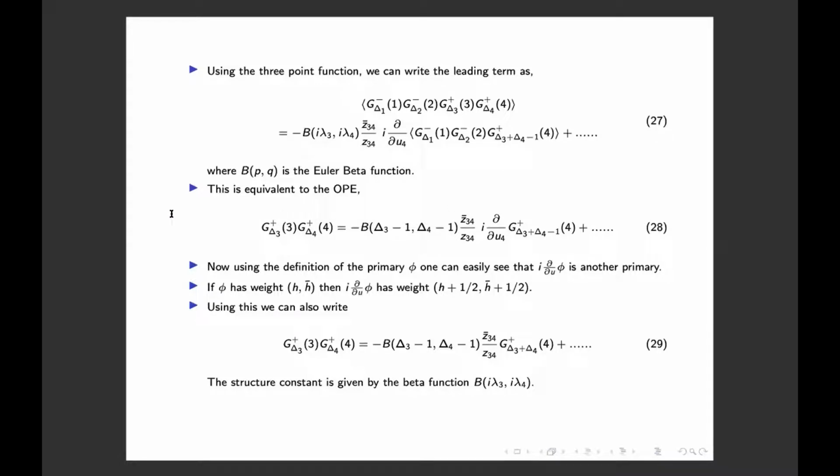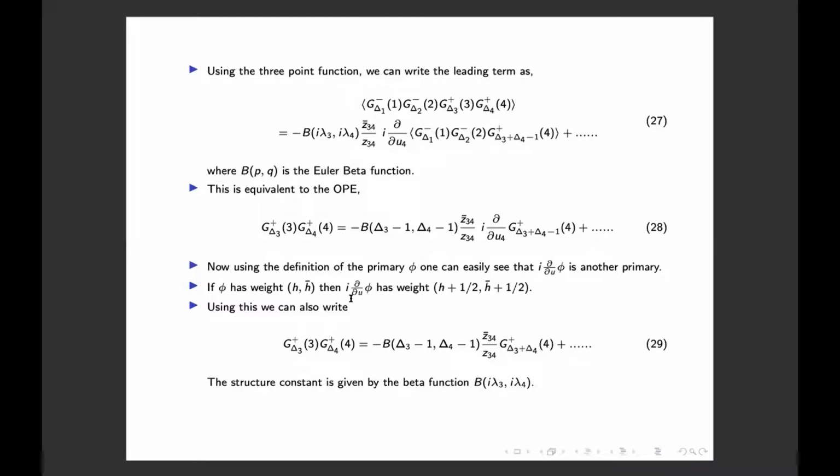This is equivalent to the OPE, which is g delta 3 delta 4, g plus delta 3, g plus delta 4, which is this b times i lambda 3, i lambda 4 times z bar this, and i del u4 acting on this g plus.